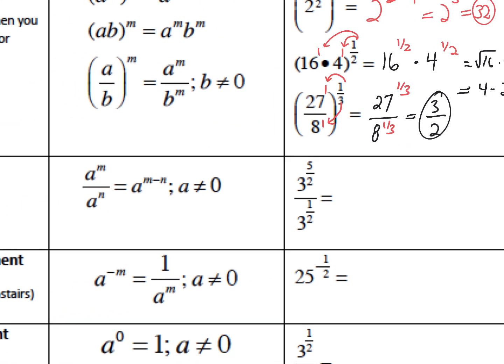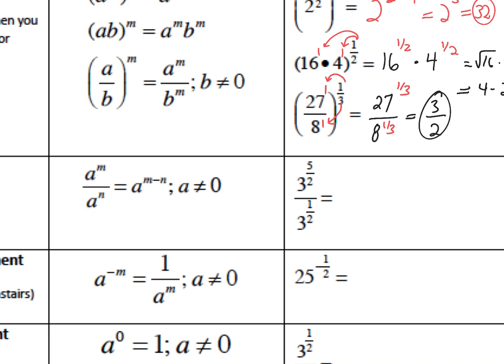All right. The next property we have was the property that allowed us to subtract our exponents. So we're allowed to add our exponents if we multiply like bases. We're allowed to multiply our exponents as long as there's no plus or minus in the parentheses. And we're allowed to subtract our exponents when we have a quotient of like bases.